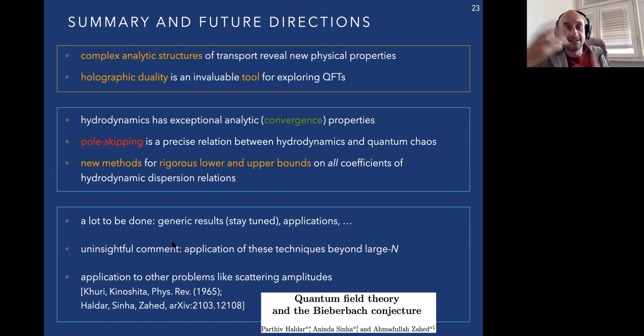This is the goal, and better understood diffusion bounds for incoherent transport and various things like that. So I hope that there will be some place for all this in the future.